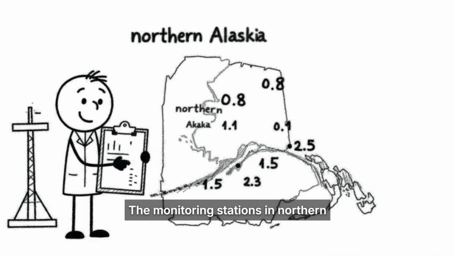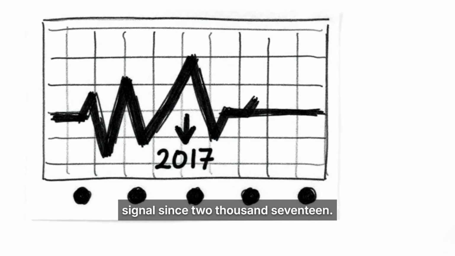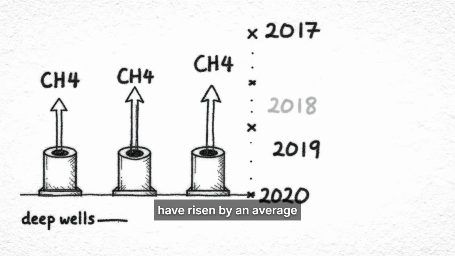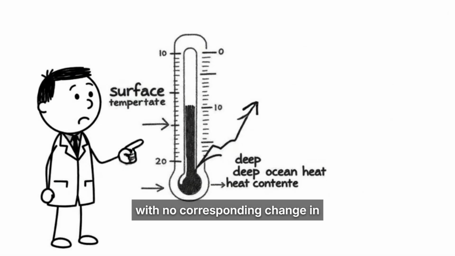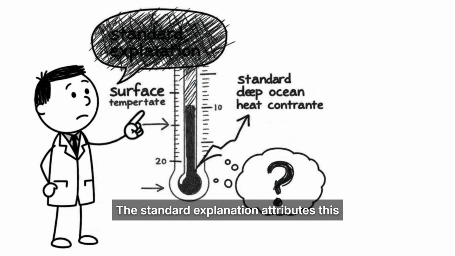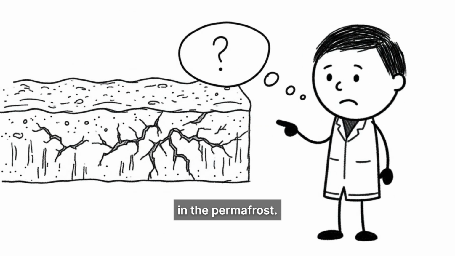The monitoring stations in northern Alaska have recorded exactly that signal since 2017. Methane levels in deep wells have risen by an average of 4.2% per year, with no corresponding change in surface temperature. The standard explanation attributes this to upward diffusion through cracks in the permafrost.